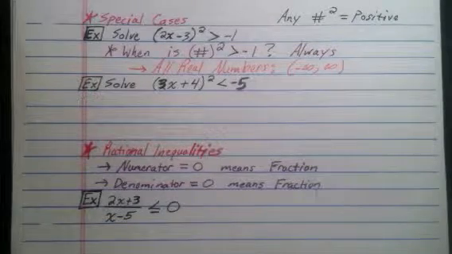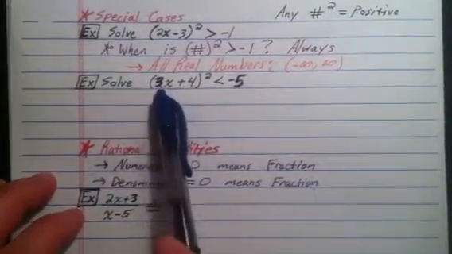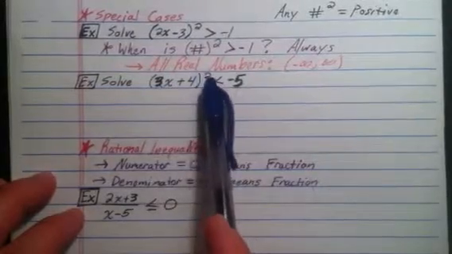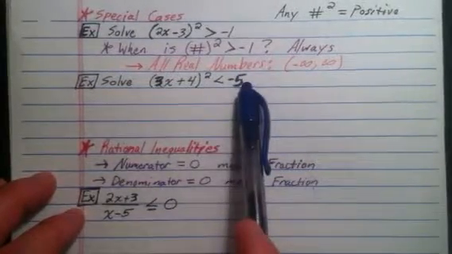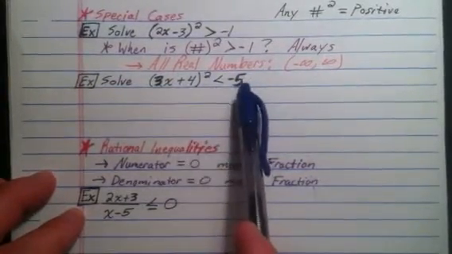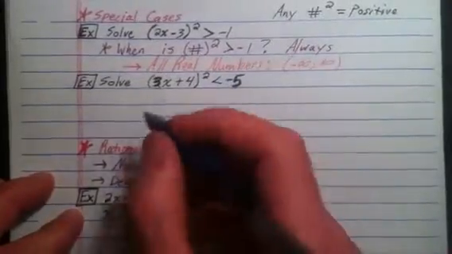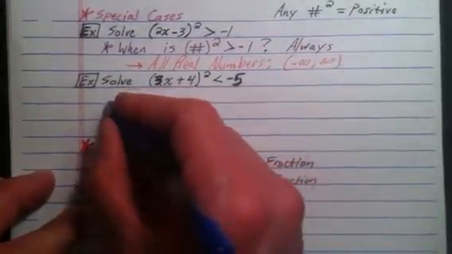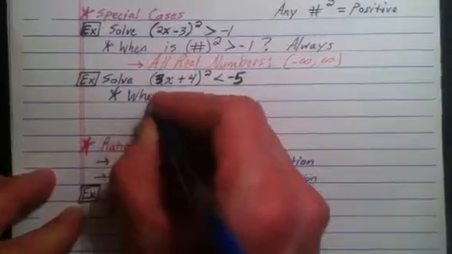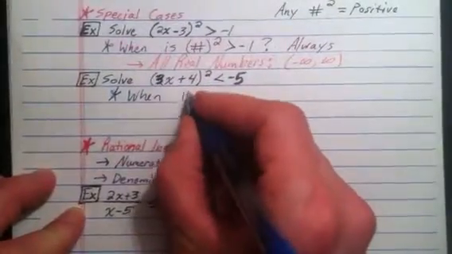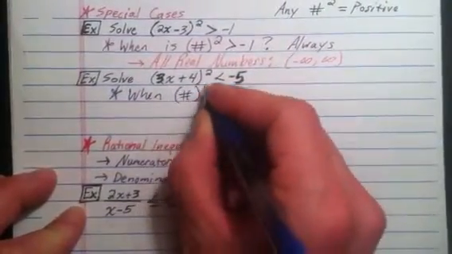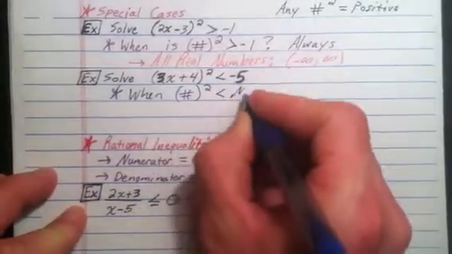Let's look at the other special case. Again, we have something being squared, and we're saying where is that less than negative 5? Well, less than negative 5 is going to be less than some negative number. So this is asking, when could we have some number squared be less than a negative result?